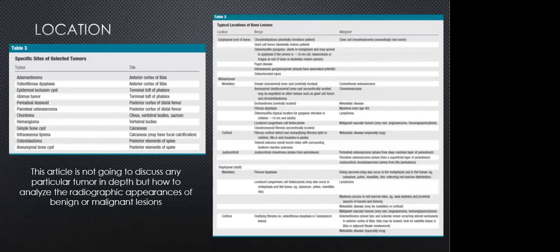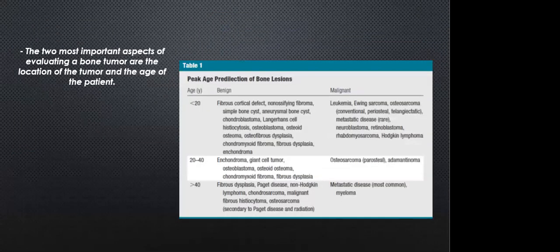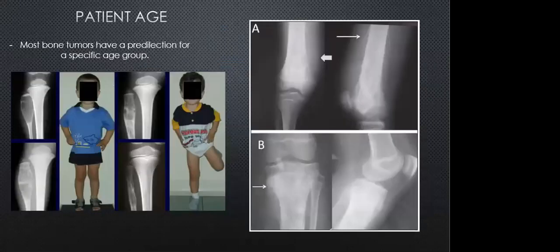E o propósito do artigo não foi se aprofundar em nenhuma doença específica, tumor ósseo específico, mas sim quais são aquelas condições que nos levam a pensar em doenças malignas ou benignas. Dentre os principais fatores, ele traz a idade do paciente e a localização do tumor, os dois principais fatores.